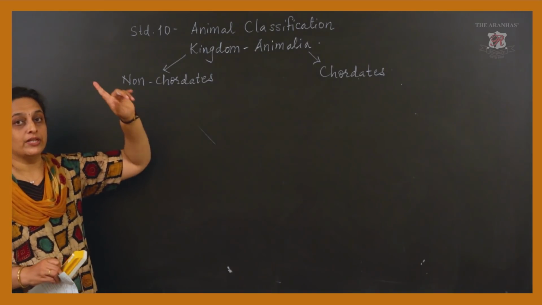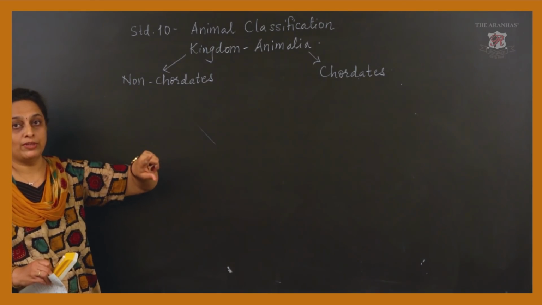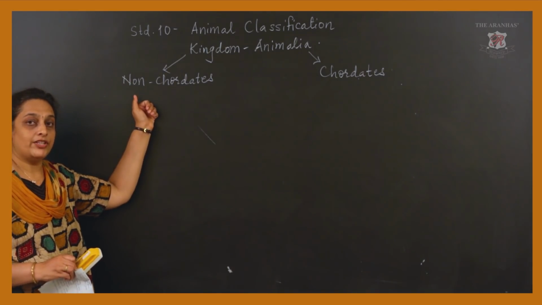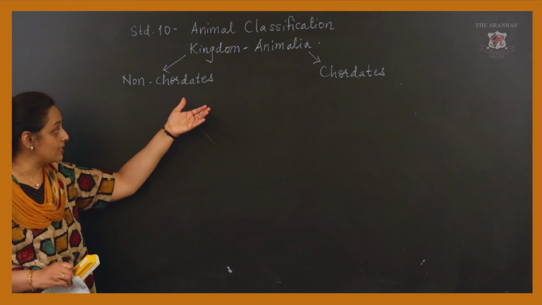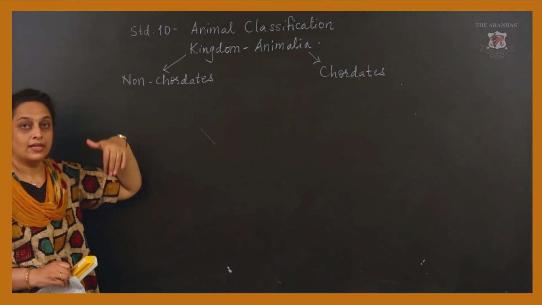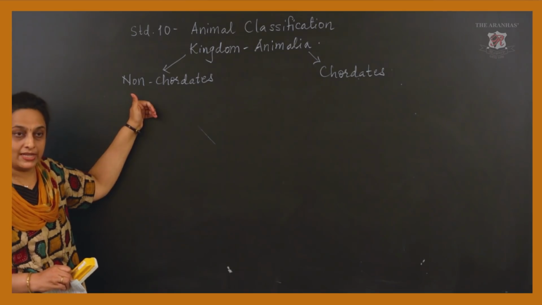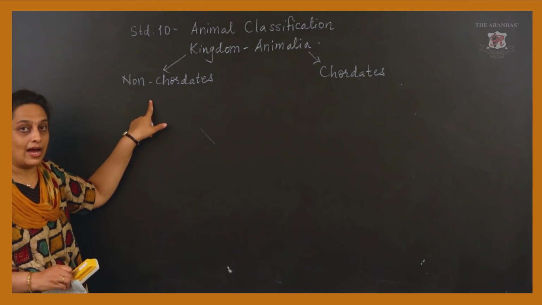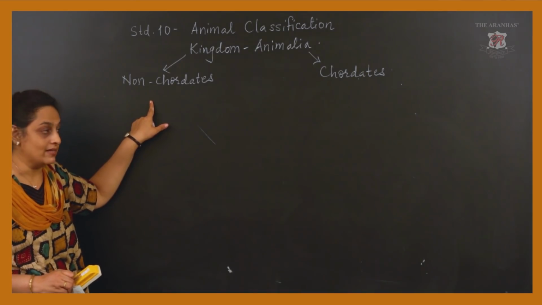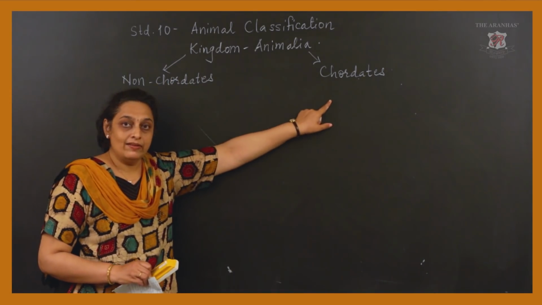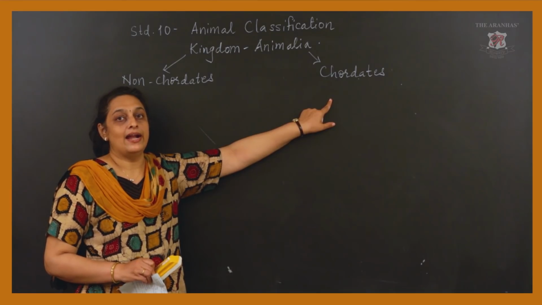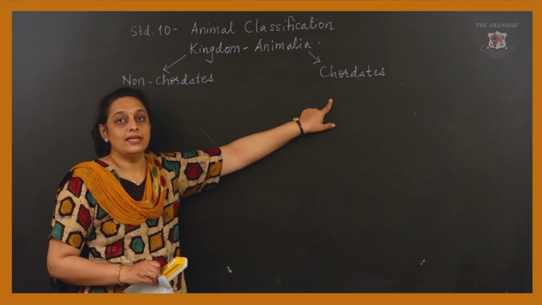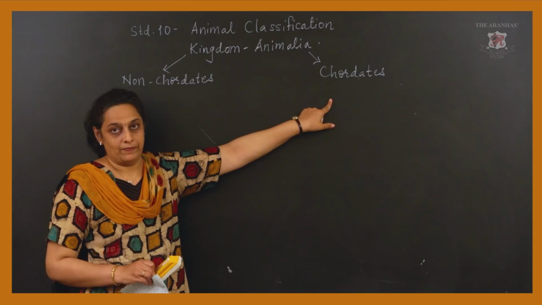Non-chordates come first. Remember, I told you that animals which are placed in the earlier groups are primitive. So, obviously, according to that rule, non-chordates are primitive animals, and comparatively chordates are advanced or evolved animals.